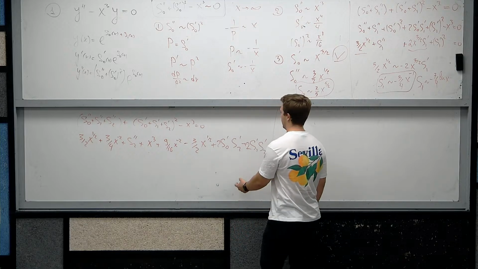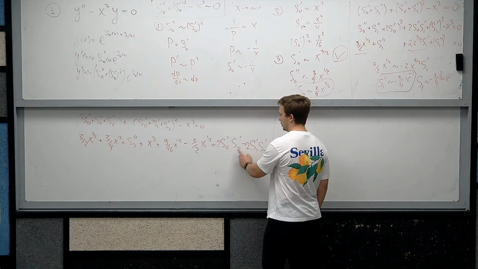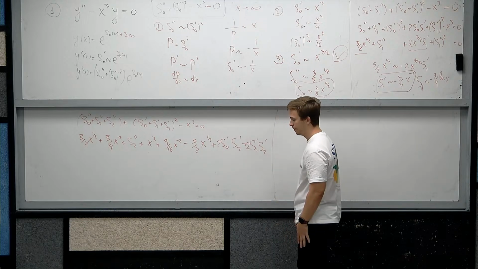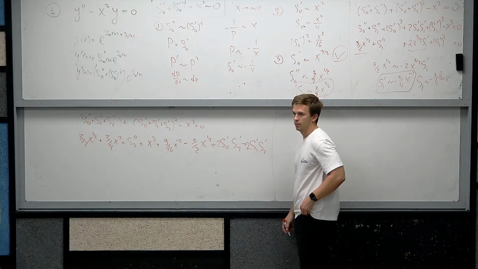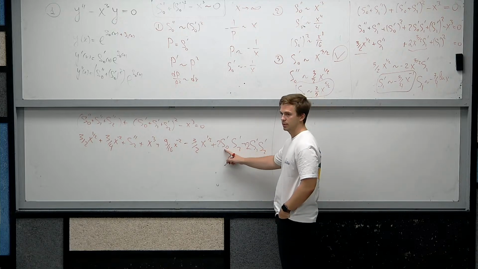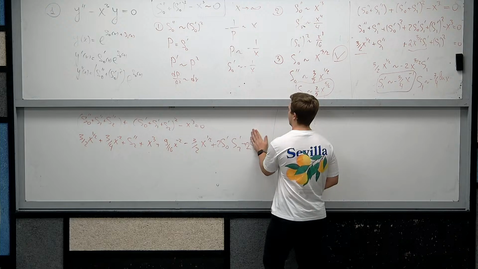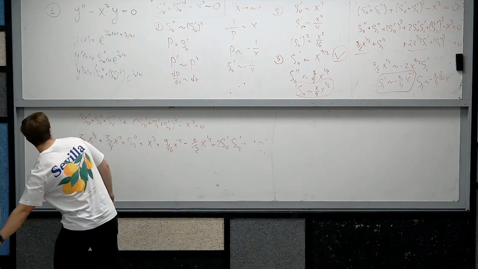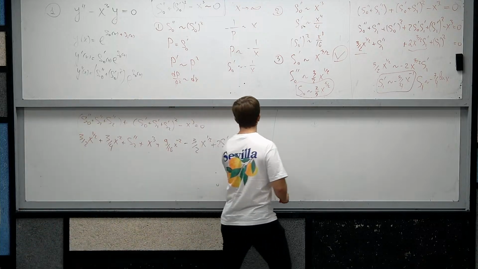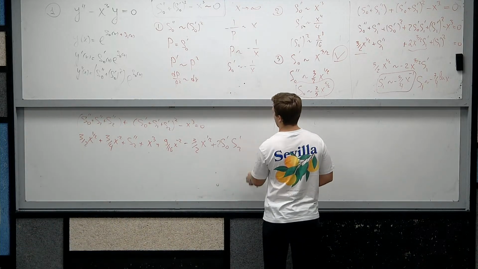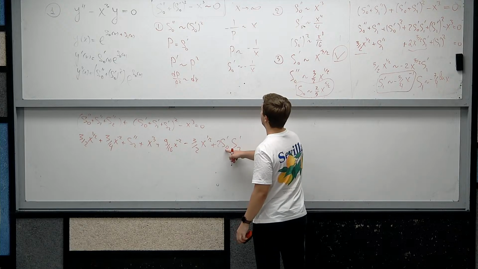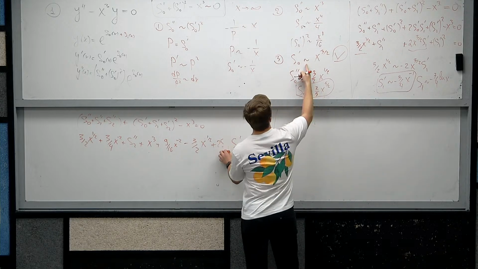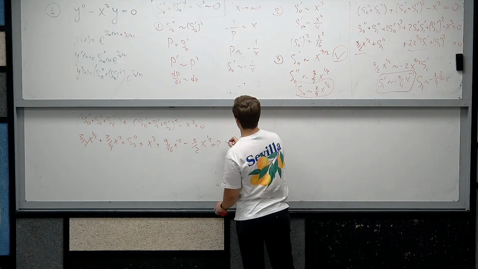Okay. Again, choosing between these terms, which one will we pick? This or this? S0. Yeah, this one. Okay, S0 prime again. So 3 halves.